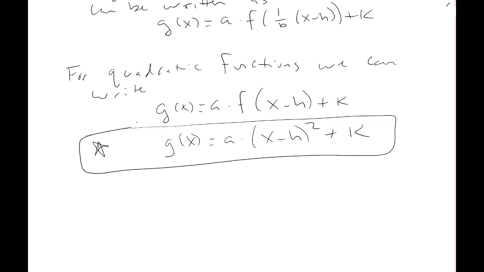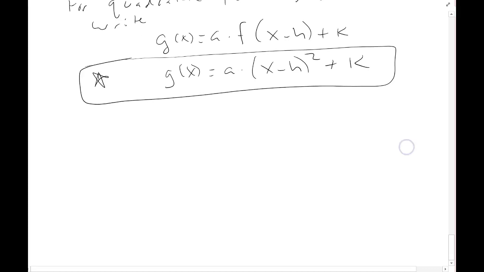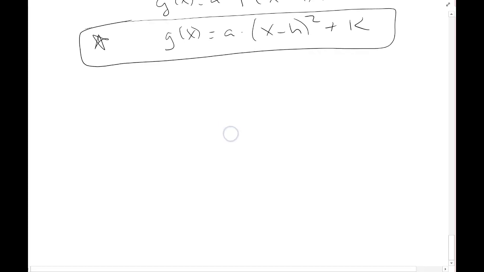And again, I'm not going to show you why that is. You're just going to have to take it as fact from me. So what we're going to do now is look at an example from the textbook.